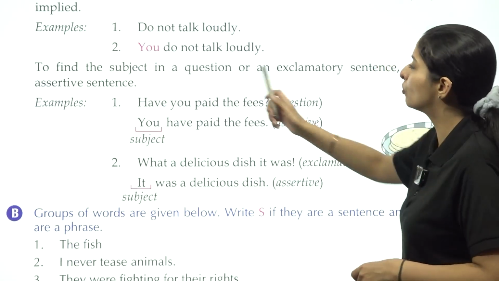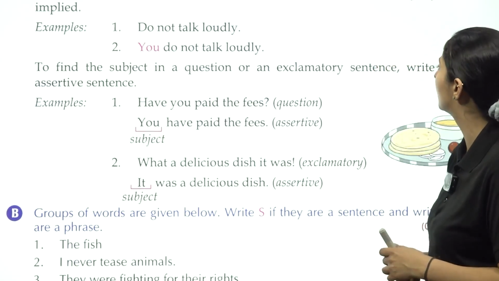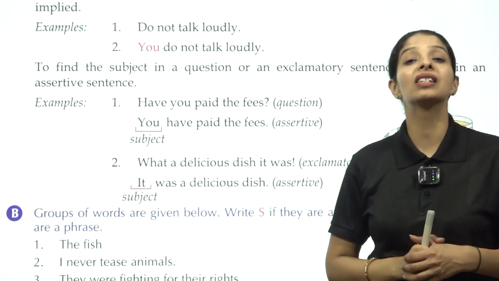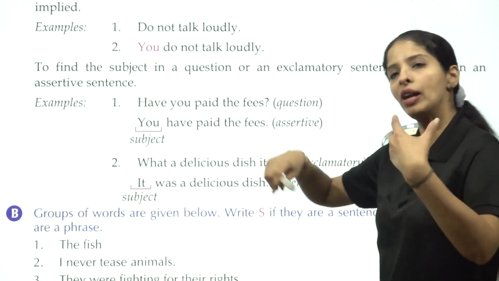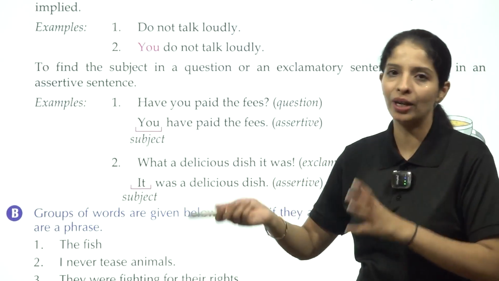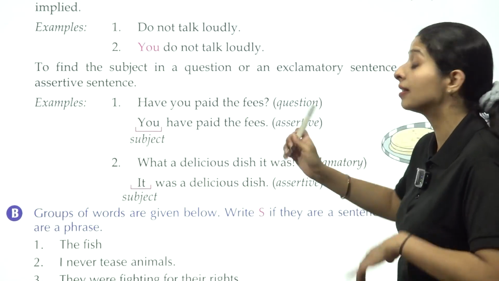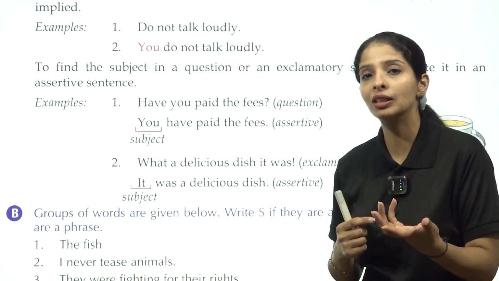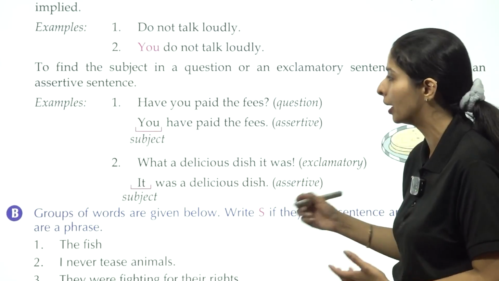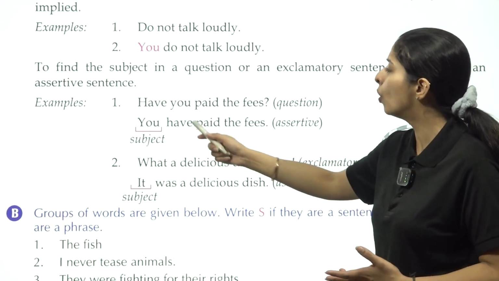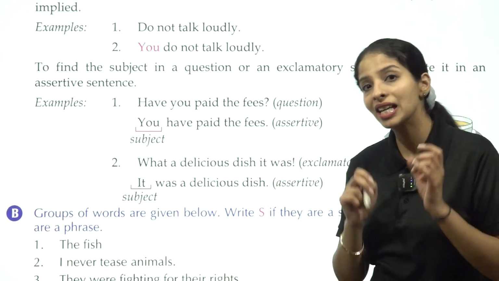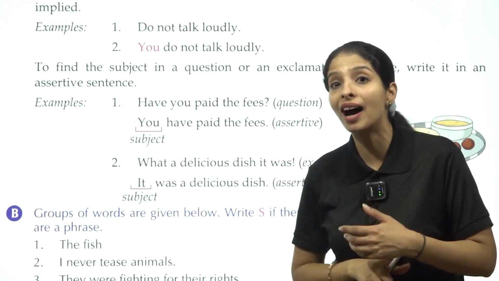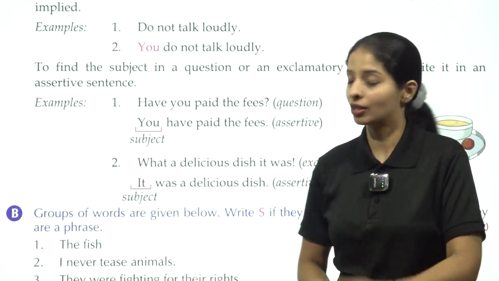To find the subject in a question or an exclamatory sentence, write it as an assertive sentence. Then you will be able to find out the subject and predicate. "Have you paid the fees?" This is an interrogative sentence, because the other person is asking you a question. To find out, "You have paid the fees." This is assertive, so here "you" is the subject.